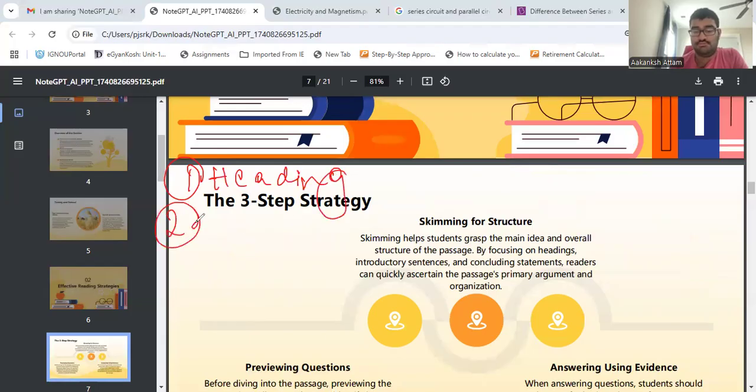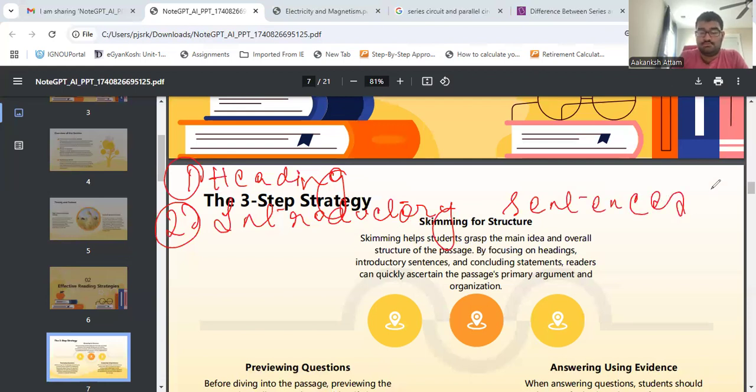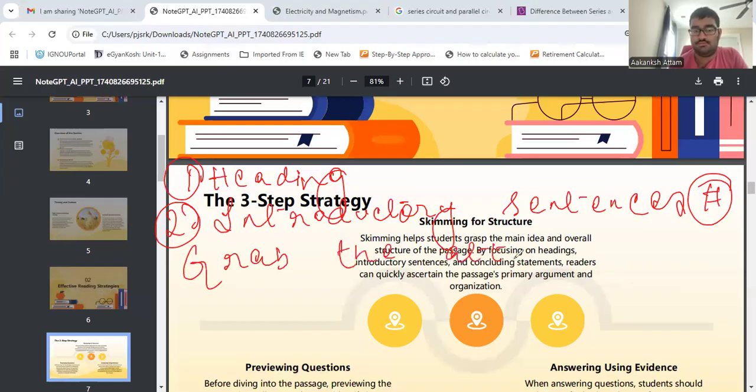Then we need to focus on introductory sentences. Now, what do you mean by introductory sentences? For example, whenever we start our speech, we begin with a hook which grabs the attention of the audience. Before setting the context, we begin with a hook, right? Yes or no?